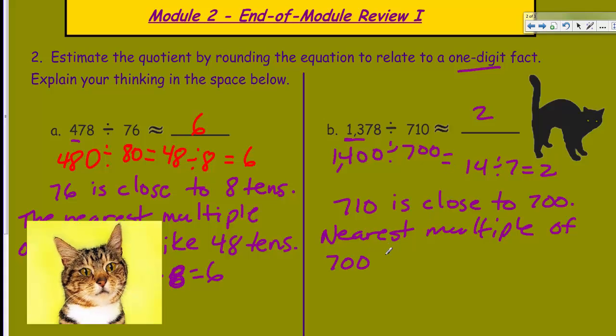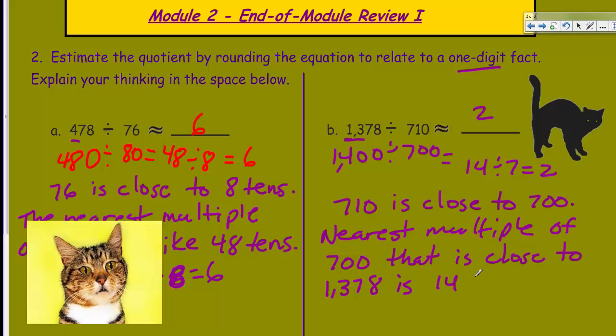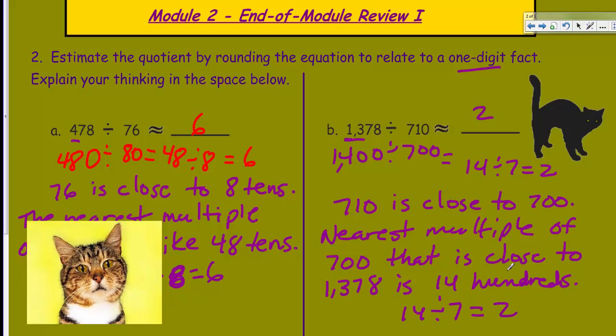It's a large number. That is close to, and then this one number that we got, 1,378, is 14 hundreds. So obviously, the same thing: 14 divided by 7 equals 2. I hope that works for you. It definitely works for me.